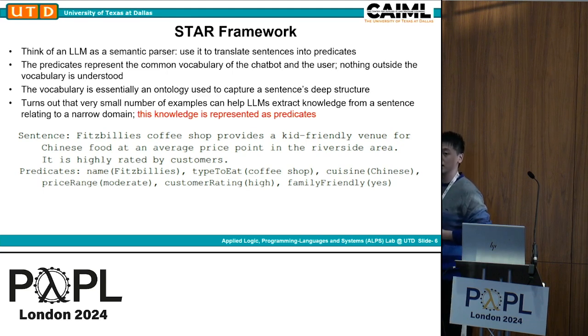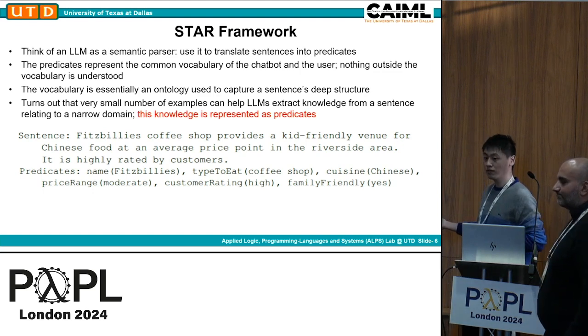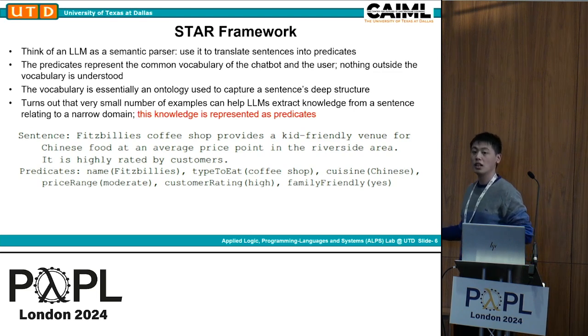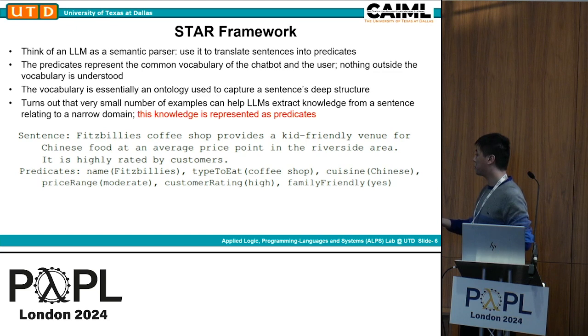So for example, you could say Fitzbilly's is a kid-friendly venue, and then you give family-friendly yes, and that's more or less it. There might be like 20 of those, and then the user input, and then you have some other prompt, and then it fills in. And as you mentioned for the prompt engineering, we might figure out where or what examples it doesn't work very well on, and we should add some more examples for that.